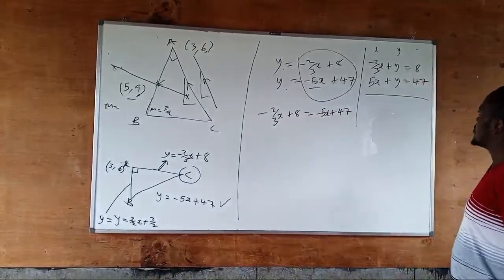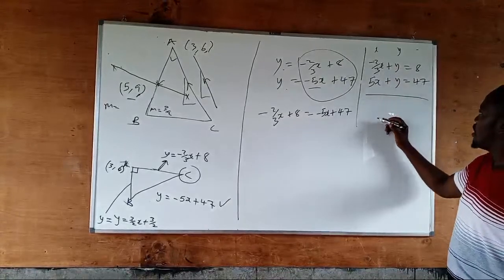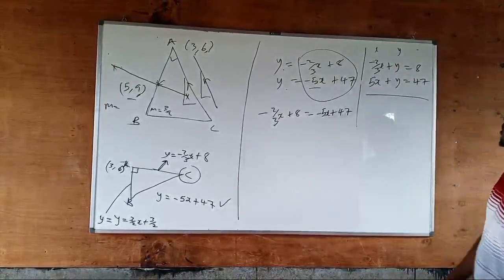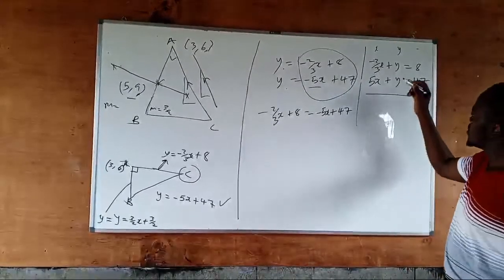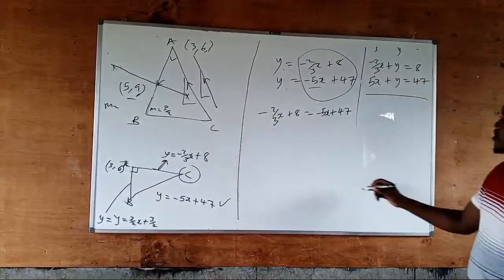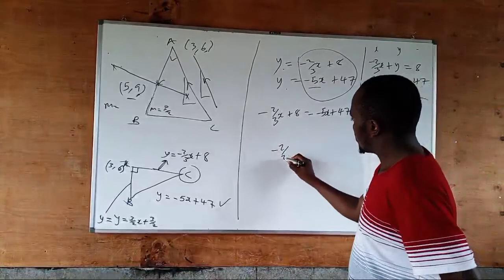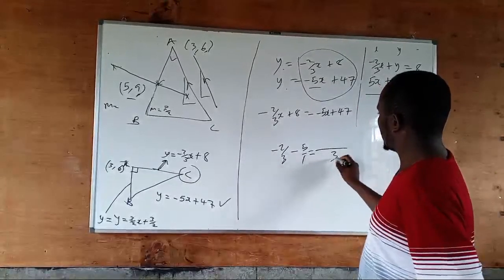The answer comes the same. Here you can subtract. So you have negative 2 over 3 minus 5. Negative 2 over 3 minus 5 is equals to 3.